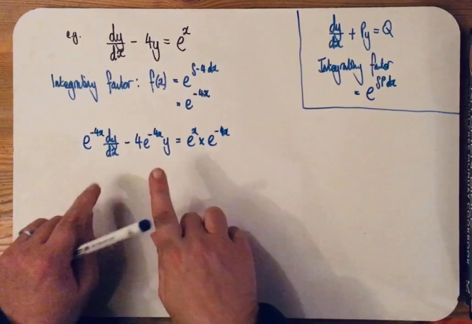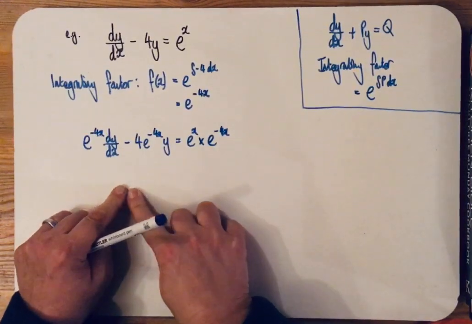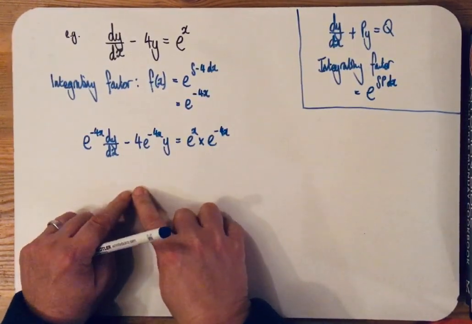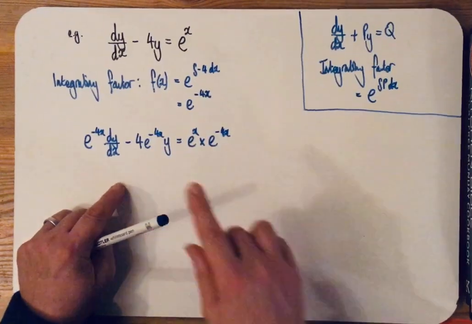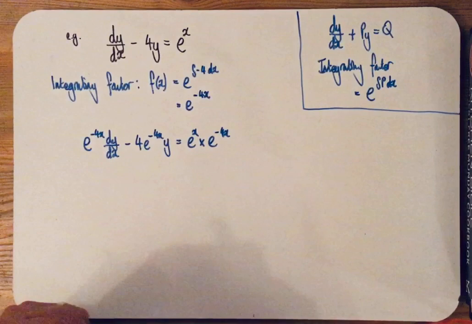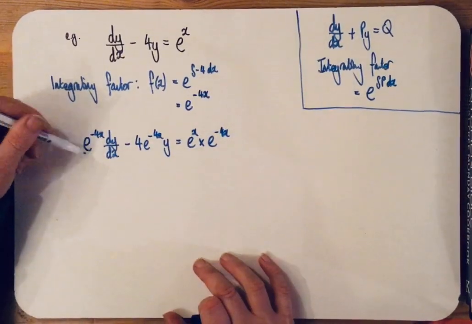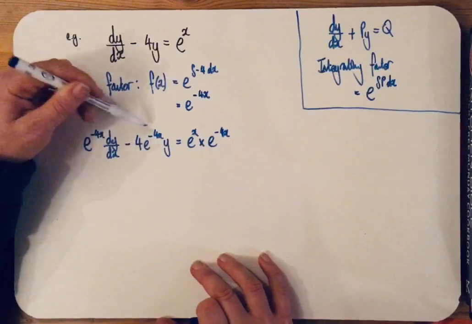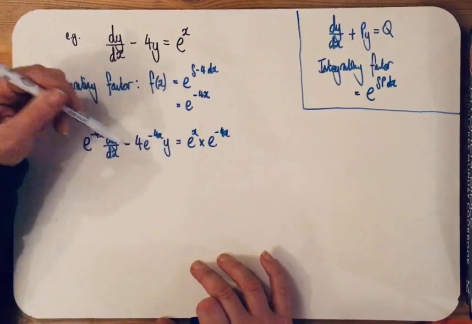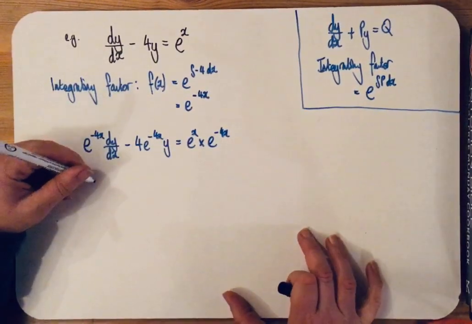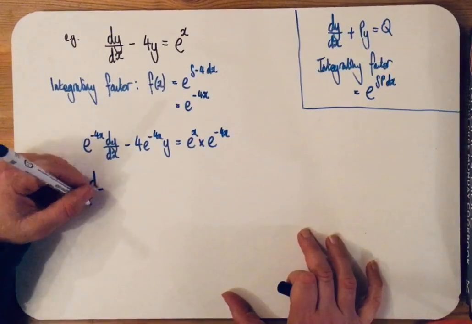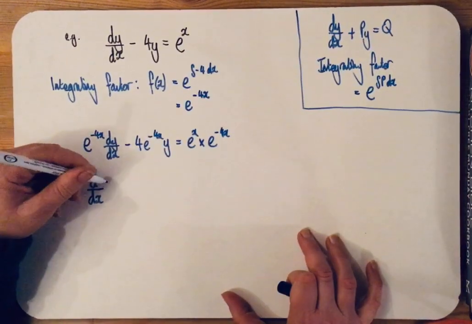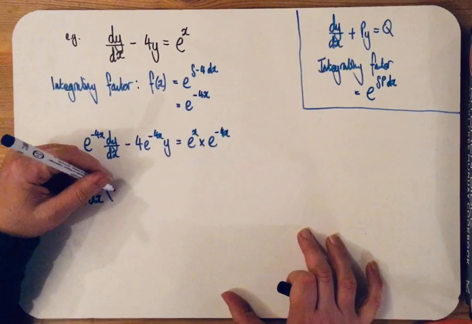And then this left-hand side should reduce quite naturally to a product that's been differentiated. And that's your f of x. This bit here is your f dash x. So I'm literally doing d/dx of e to the minus 4x.